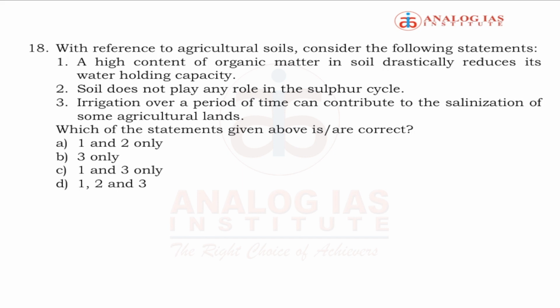Statement number 3 says irrigation over a period of time can contribute to the salinization of some agricultural lands. This is a very relevant statement here, because of the so-called first green revolution we witnessed in India between 1962 and 1969, thanks to M.S. Swaminathan.